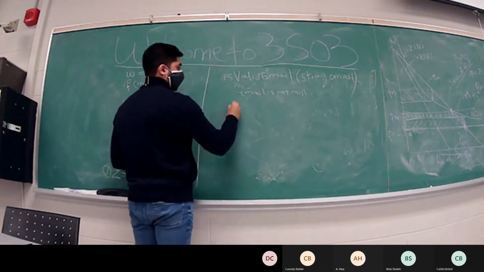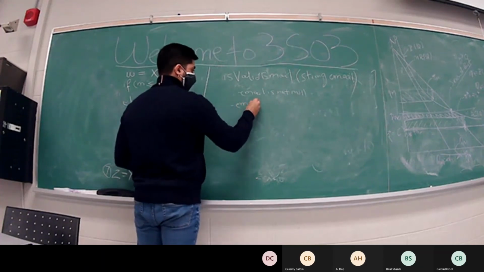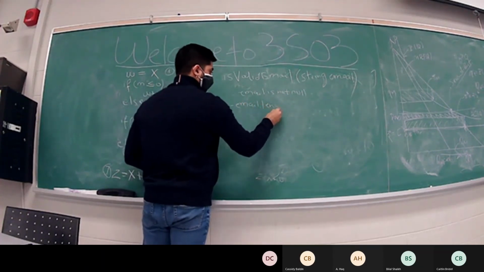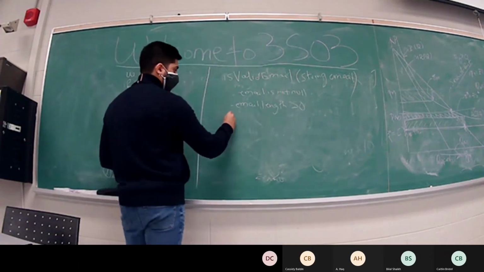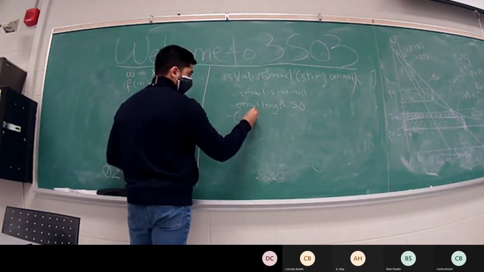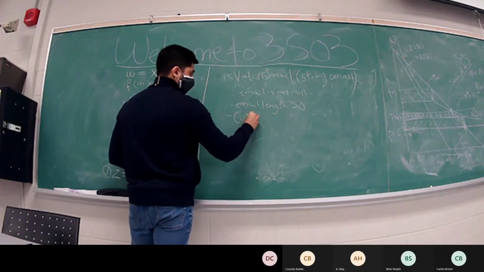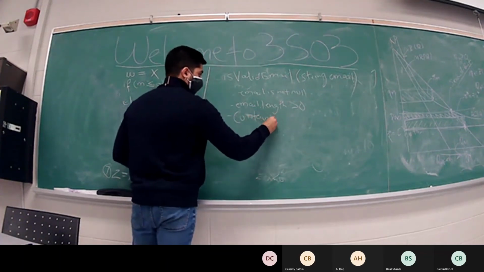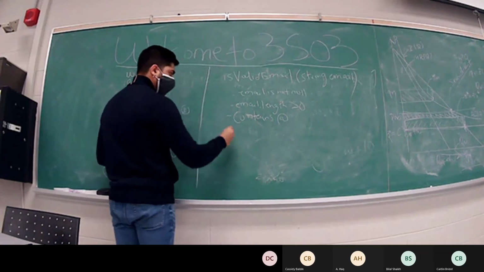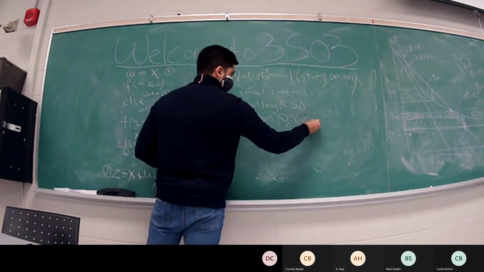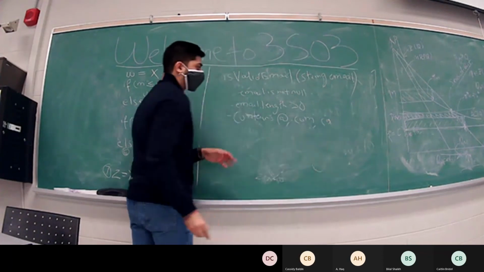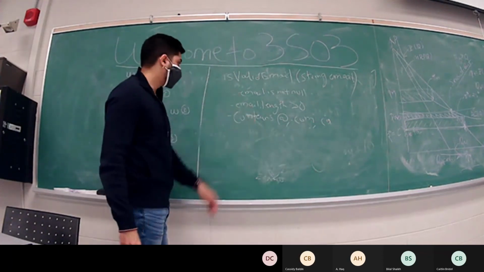Then you could say email.length is greater than 0, can't be an empty string. What else? You could say that it contains the @ symbol. You could also say it contains the .com, or maybe .ca, or .uk, or whatever you want to add.